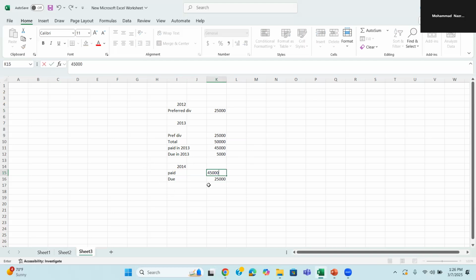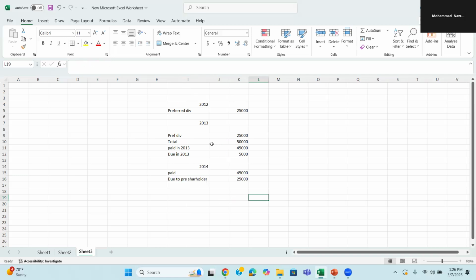So they already paid 45,000 dividend, but the due, I can write it as due to preferred dividend or due to preferred shareholder. Okay. So there's a due to preferred shareholder 25,000 and you have 45,000, right?